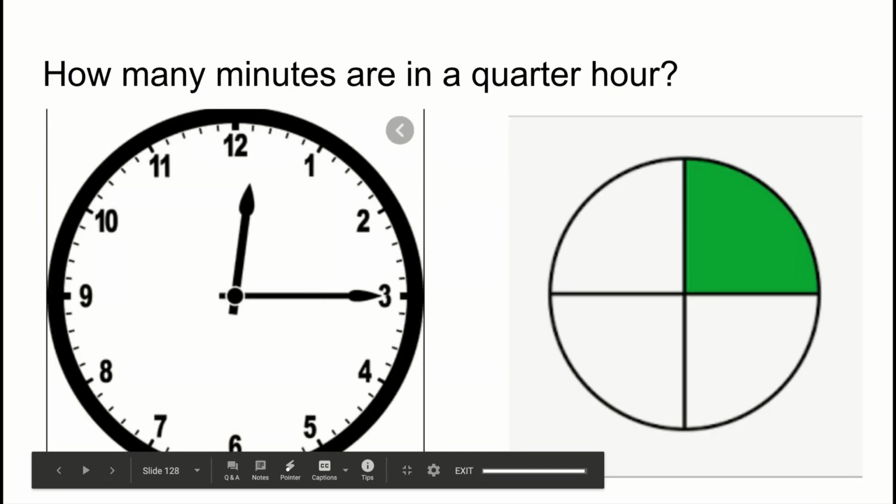How many minutes are in a quarter hour? Let's count. Remember, we start at the 12 always on a clock. 5, 10, 15. There are 15 minutes in a quarter hour.